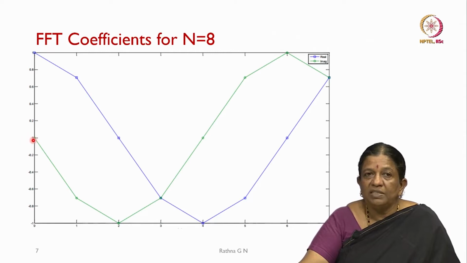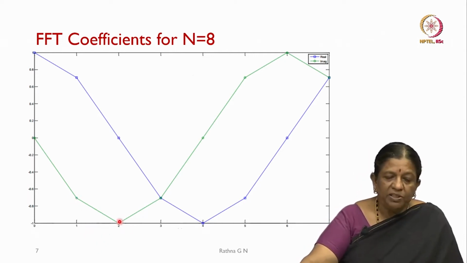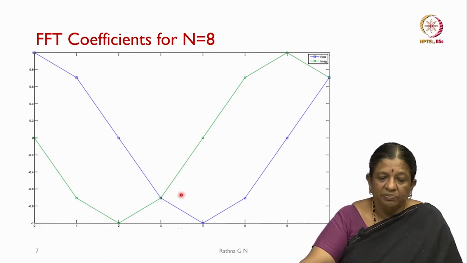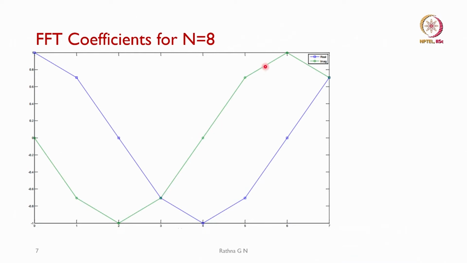So, we know that sin starts from 0 and then goes to pi by 4, pi by 2, then 3 pi by 4, and so on with the values.